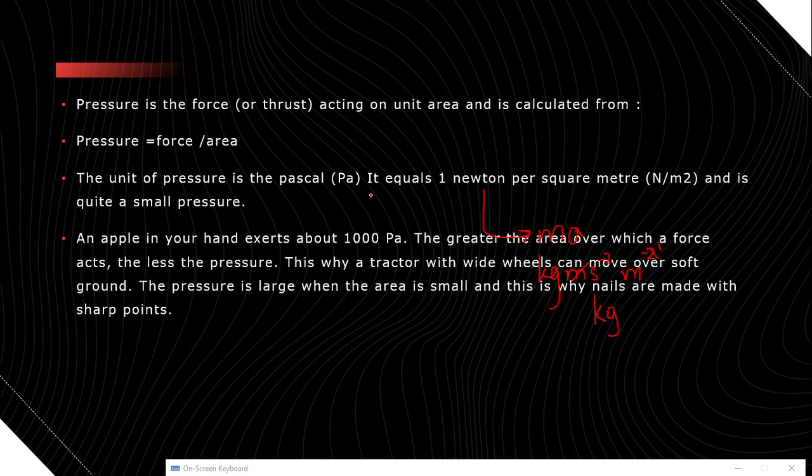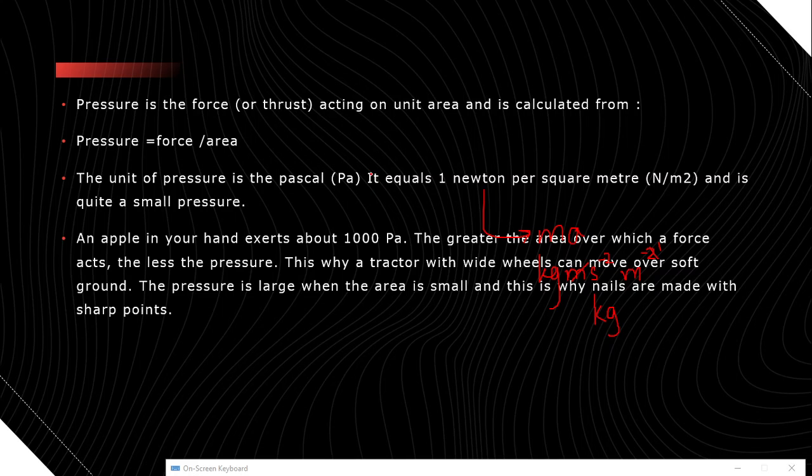For example, the atmospheric pressure is about 10 raised to power 5 pascals. So, this is the SI unit, but we tend to add prefixes in order to make it a more manageable number. So, an apple in your hand exerts about 1000 pascals.